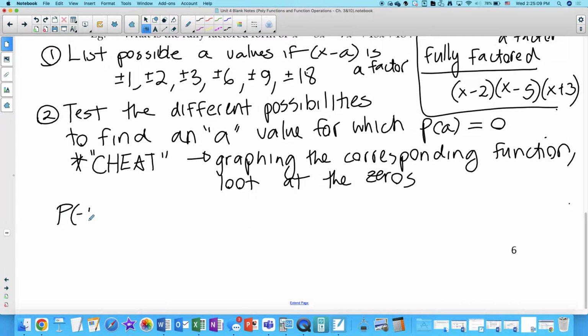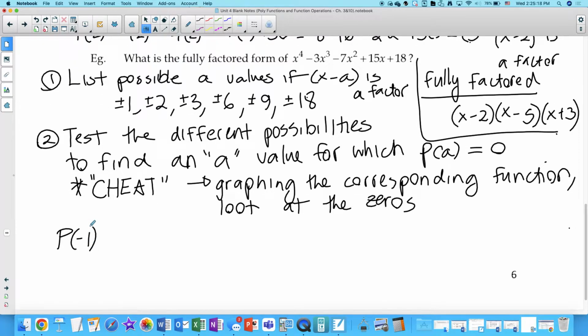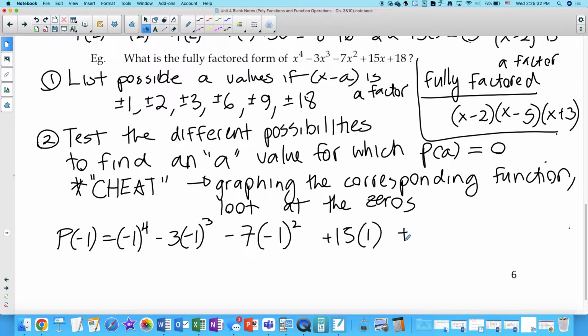Now I'm going to evaluate that. P of -1 is going to be -1 to the 4 minus 3 times -1 cubed minus 7 times -1 squared plus 15 times -1 plus 18. It's 0, but let's just make sure.